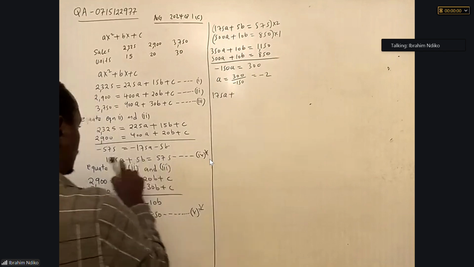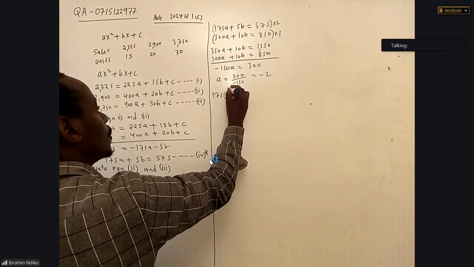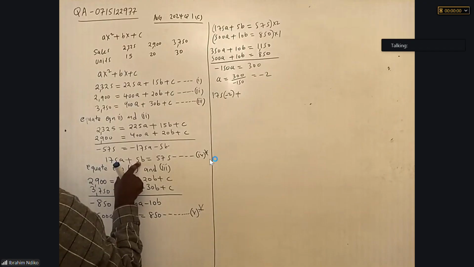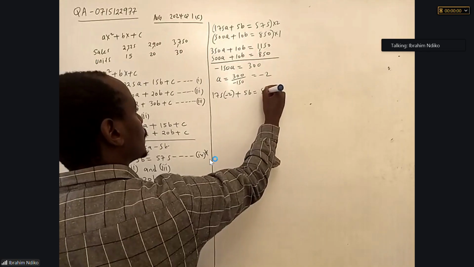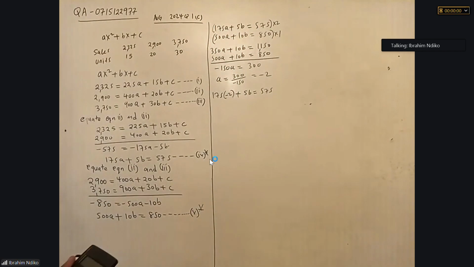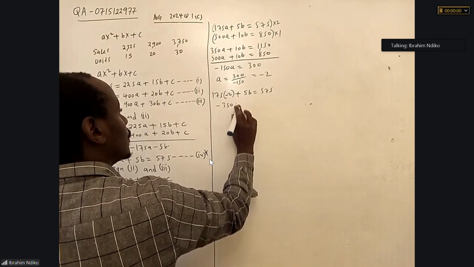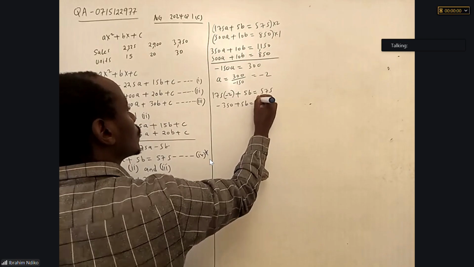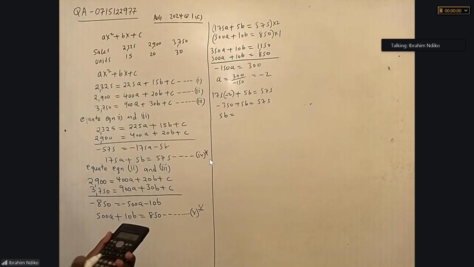175a plus 5b equals 575, where a is minus 2. So 175 times minus 2 equals minus 350 plus 5b equal to 575. 5b will be equal to what? 575 plus 350.